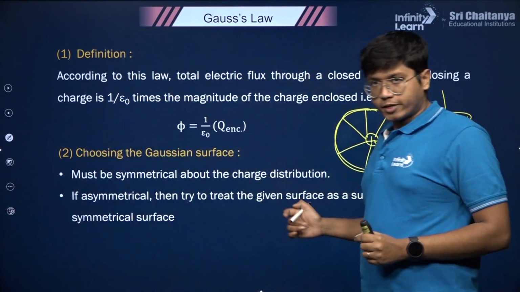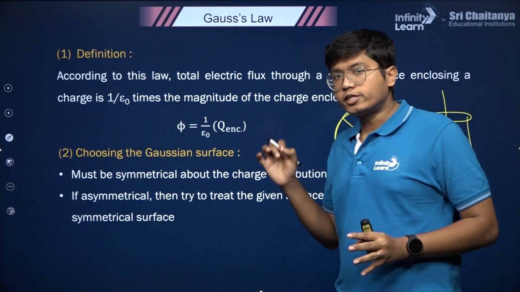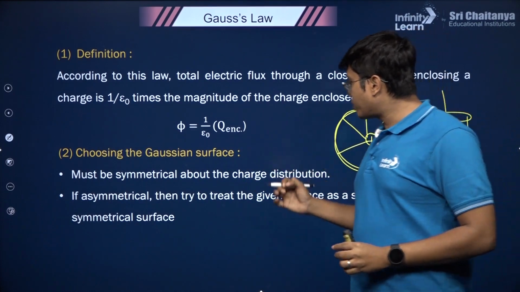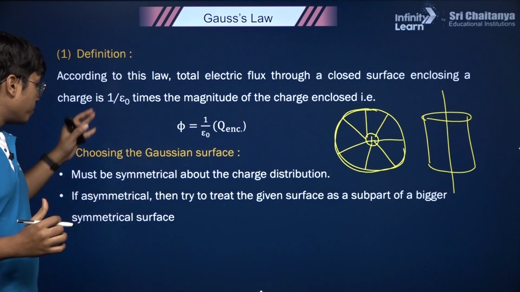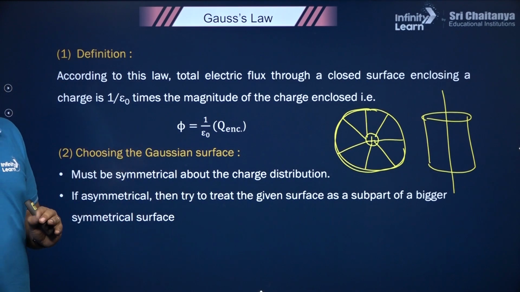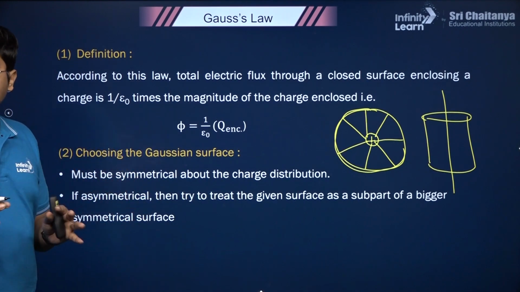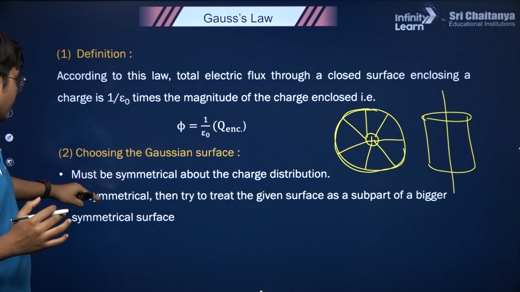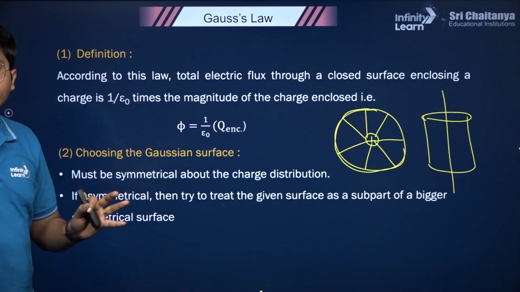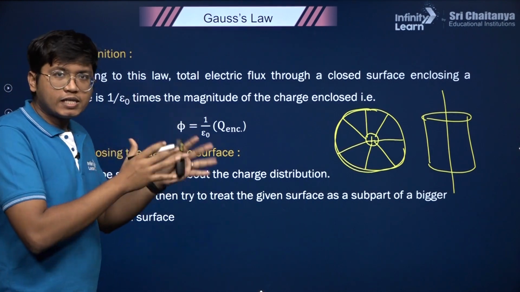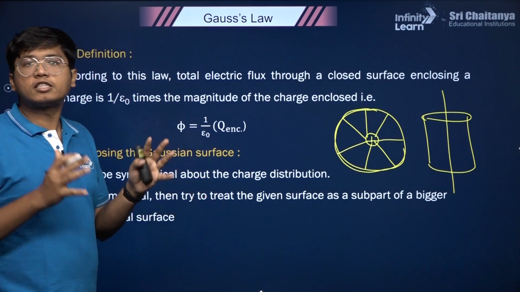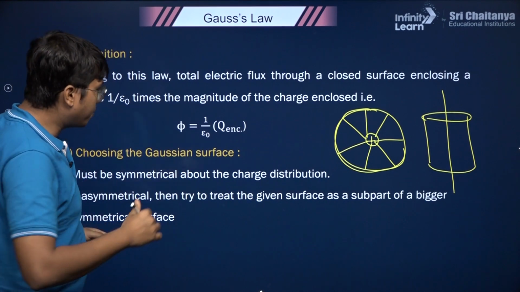Now if it is asymmetrical, if you don't have a symmetrical option, then try to treat the given surface as a subpart of a bigger symmetrical surface. We'll do a few examples of this so you get an idea. If it's asymmetrical, it's very difficult to calculate, so you have to consider that the piece you want is part of a bigger symmetrical surface. I'll show you an example of that.